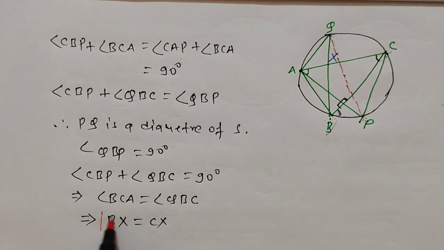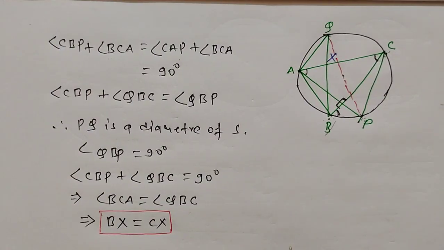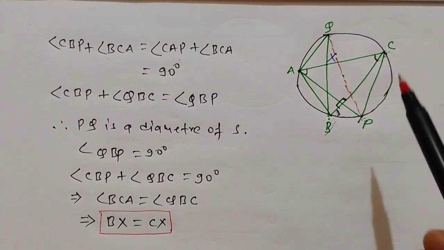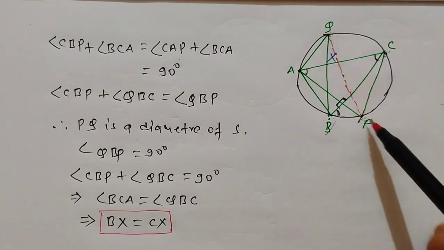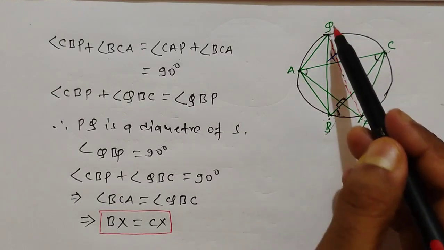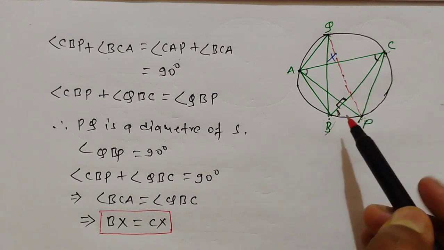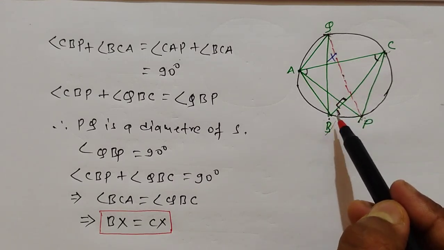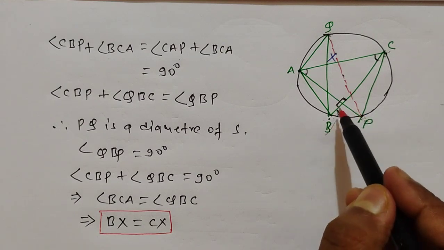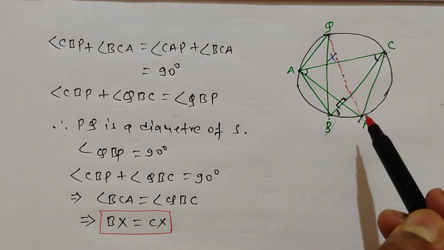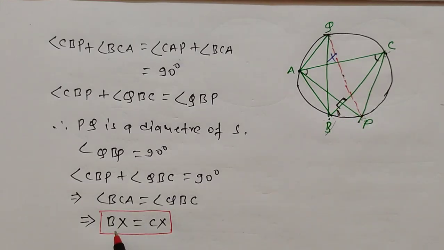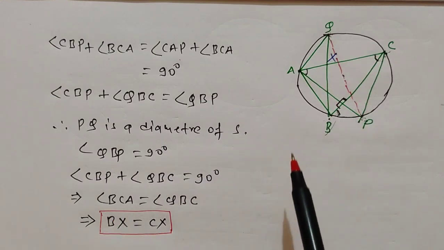So this is the conclusion, and this is possible if and only if PQ is the diameter, because if PQ is a diameter then angle QBP will be 90 degrees, because any point on the circle will form 90 degrees from the two end points of a diameter. So now we can say that BX is equal to CX if and only if PQ is a diameter. So this part is proven.